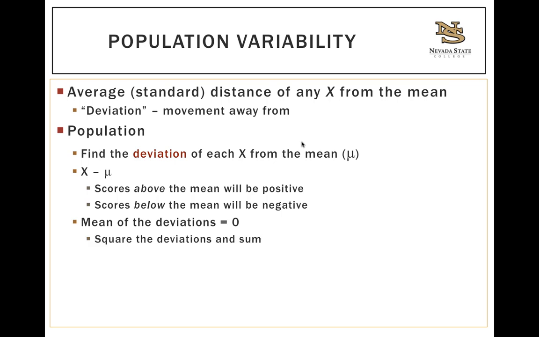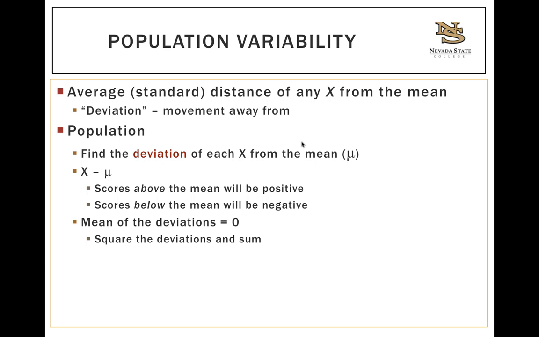So the first thing you do then is you square your deviations and you sum them. For each deviation, you're now going to square it, and after you've squared all of those deviations, you then add them all up.